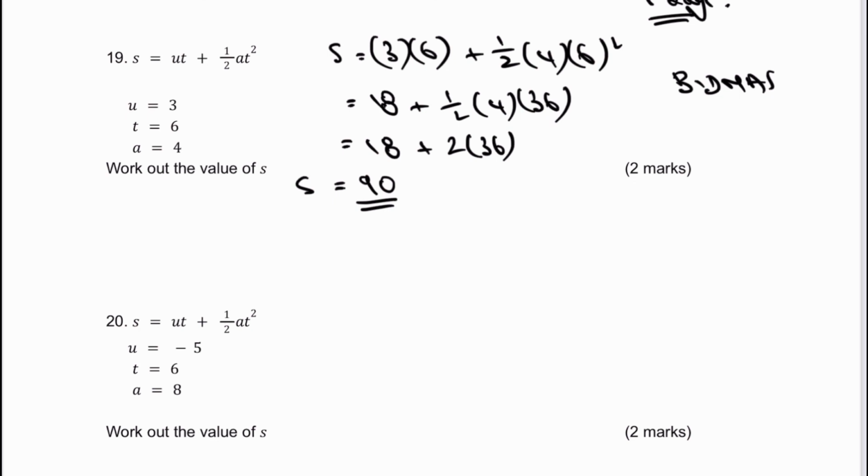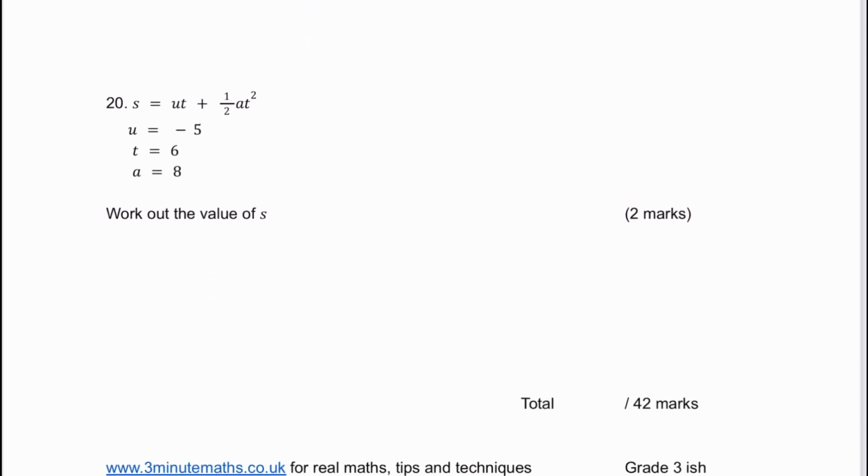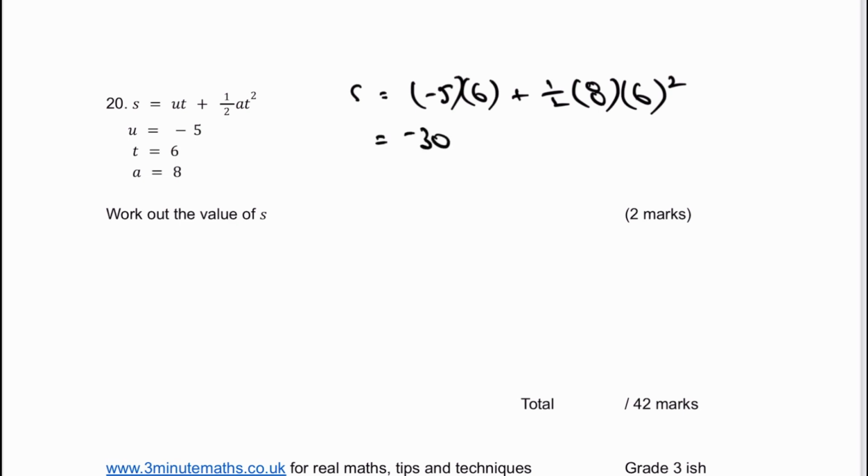Okay, on to the very last question on this particular worksheet, and again we're going to use exactly the same idea, where we're going to take this value of S equals U, which is going to be minus 5 this time, multiplied by t, which is 6, plus a half of 8 multiplied by 6 squared. Okay, so let's be a little bit careful. We've got minus 5 times 6 is going to be negative 30, plus a half of 8.